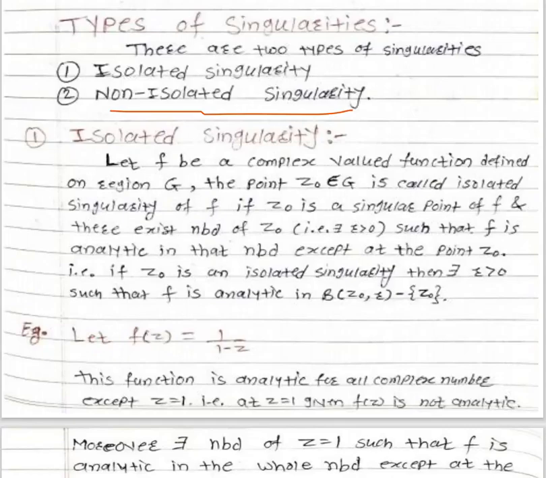If z0 is an isolated singularity, then there exists r greater than 0 such that the given function f is analytic in the open circle whose center is z0 and radius r, minus the singleton z0. Okay. Then we can say that that point is an isolated singularity.